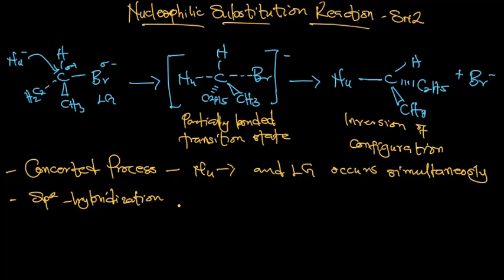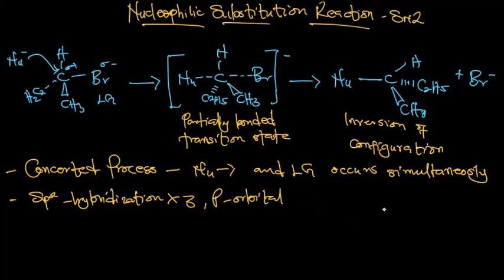So we have 3 of that, and we also have the p orbital temporarily holding the nucleophile and the leaving group.